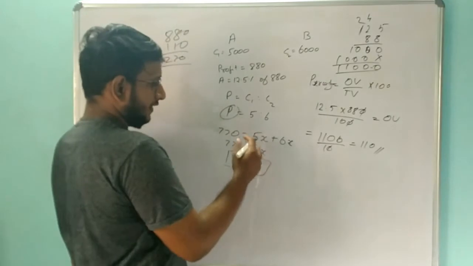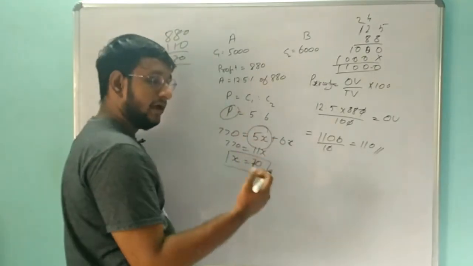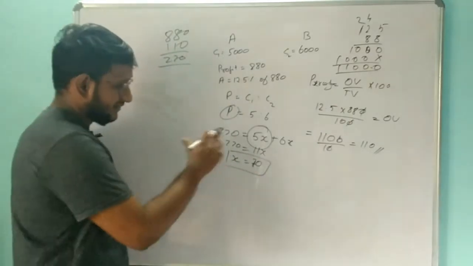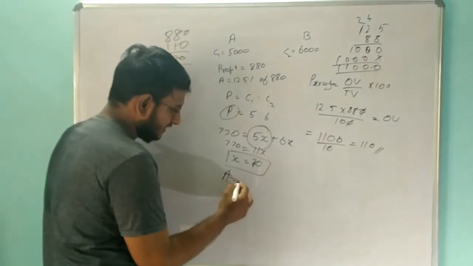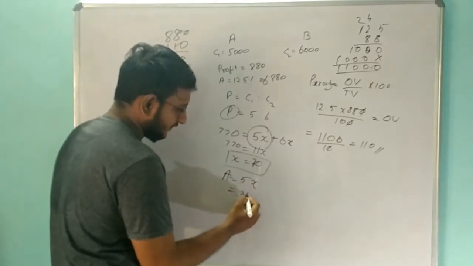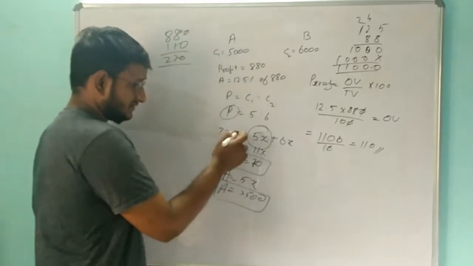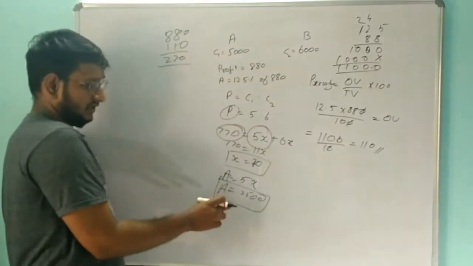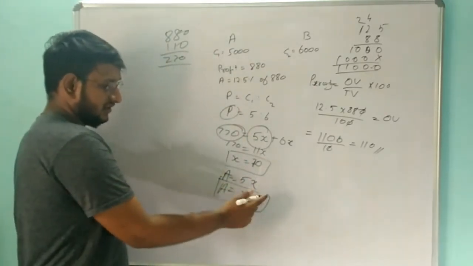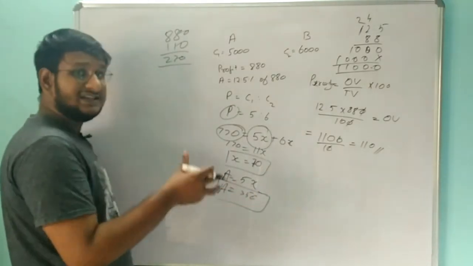Now we know the x value. Now we have to find A's share in the total 770. A's share will be 5x, and x is equal to 70, so 5 times 70 is 350. So in 770, A's profit is 350. But this is not his only profit.